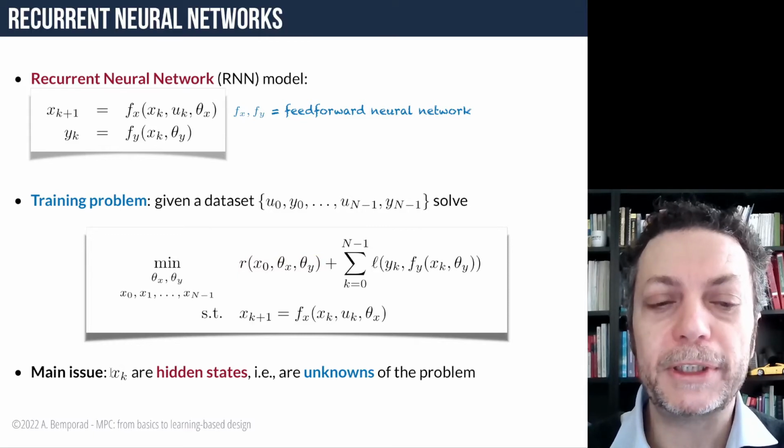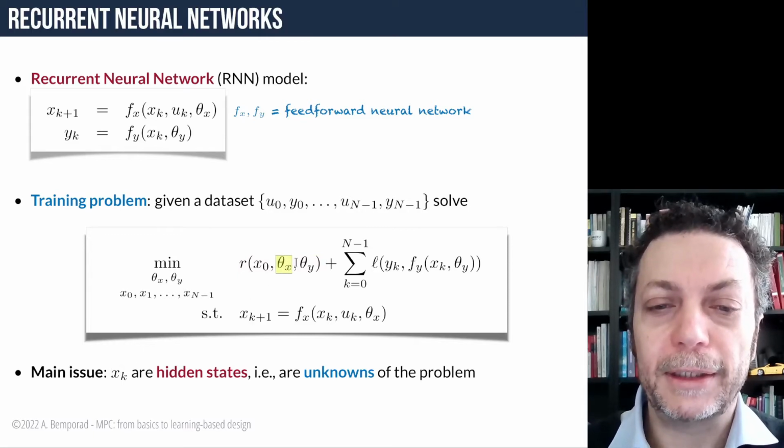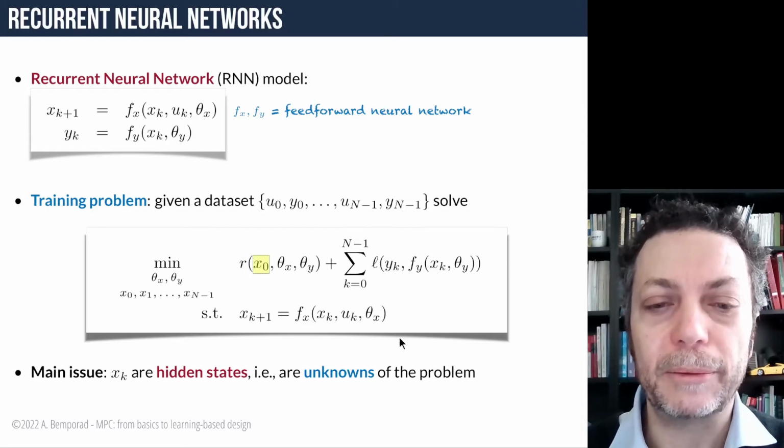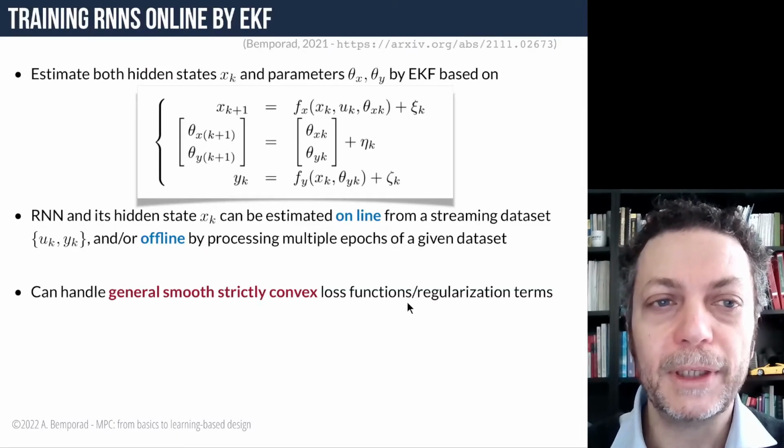So here the main issue is that not only theta x, theta y are unknowns, but also the states, the whole sequence of states, are unknown. They are hidden states and they are variables of the problem that we need to solve for.